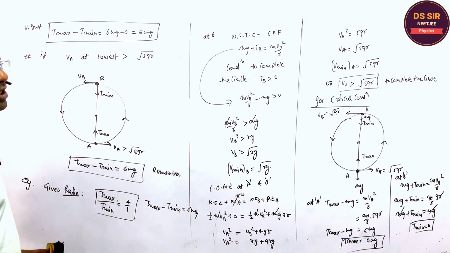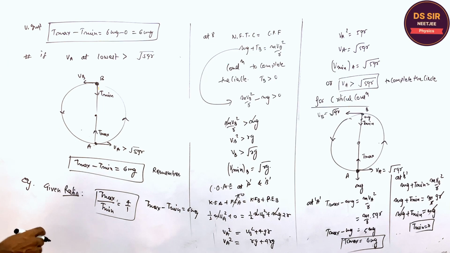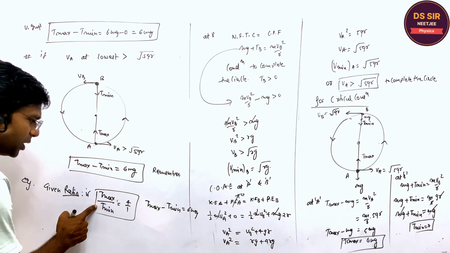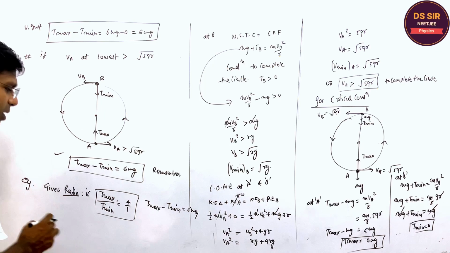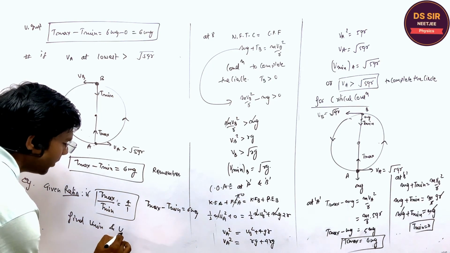Using this you find the Tmax and Tmin, and then you can find the minimum speed also. This is the homework. If Tmax upon Tmin is given, find the minimum speed and the maximum speed.